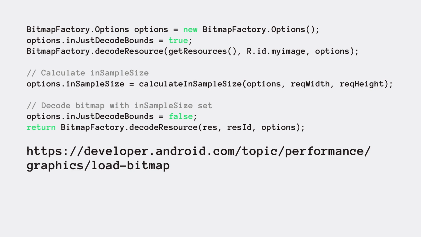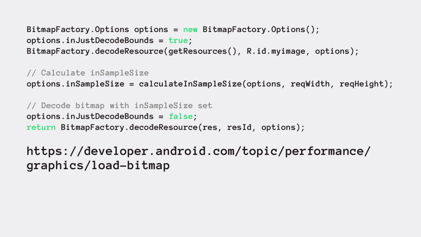We can tell it just decode bounds, which means just tell me what size it is before you do anything, before you allocate a bitmap to it and create it. And then from these options, we can get our width and height of the image that we received from the URL.